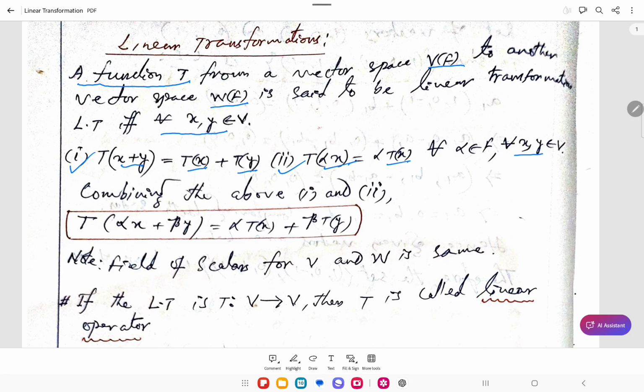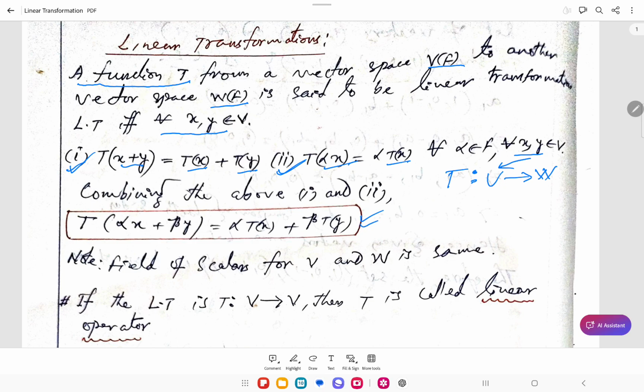That means a function T from a vector space V to another vector space W will be called a linear transformation if for any two vectors x and y from V, we have these two identities, and these two identities can be put together in a single compact form as this identity.